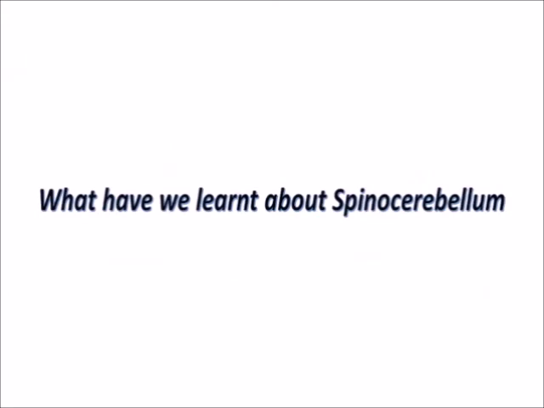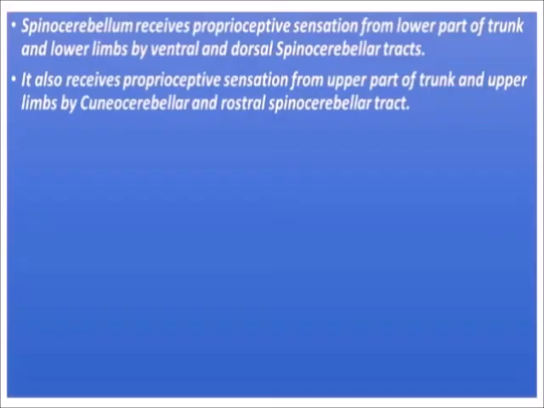Now what have we learned about spinocerebellum? Spinocerebellum, as we know, receives proprioceptive sensation from the lower part of the trunk and lower limbs by ventral and dorsal spinocerebellar tracts. It also receives proprioceptive sensation from the upper part of the trunk and upper limbs by cuneocerebellar and rostral spinocerebellar tracts.